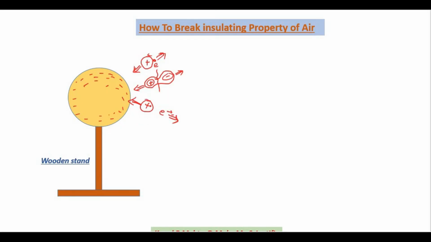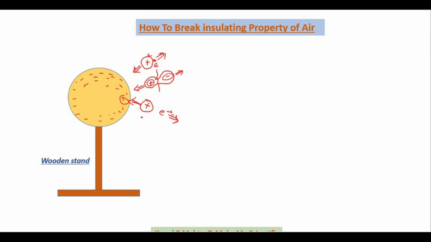And when this positive nucleus goes inside, it combines with one electron and neutralizes some part of the sphere. So when this situation arises, we say that air loses its insulating property and becomes conductor.